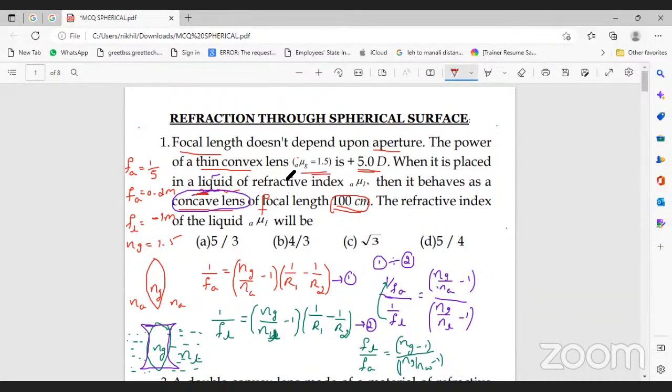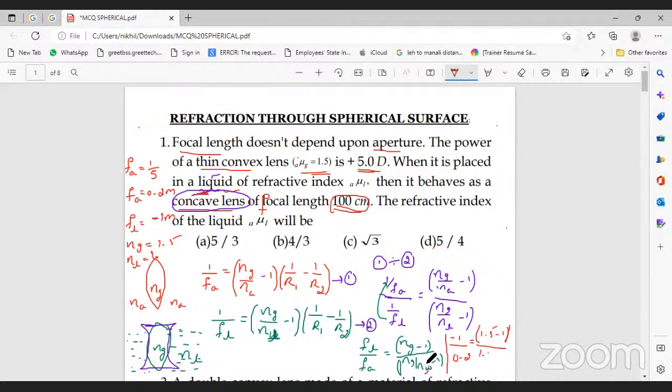Yes, sir. What about NL? You have to find NL. So I'll keep focal length of the lens as minus 1, focal length in air is 0.2, refractive index of glass is 1.5 minus 1, whole thing divided by Ng by Nw.